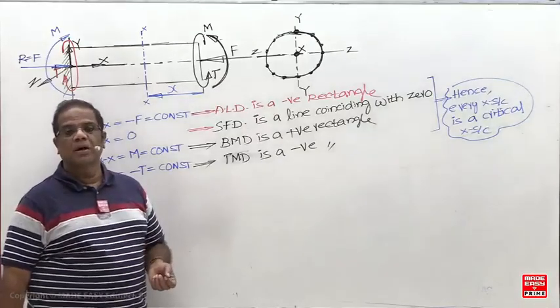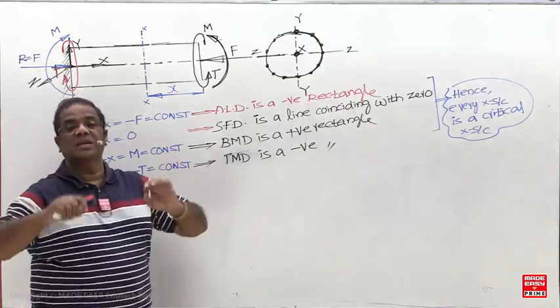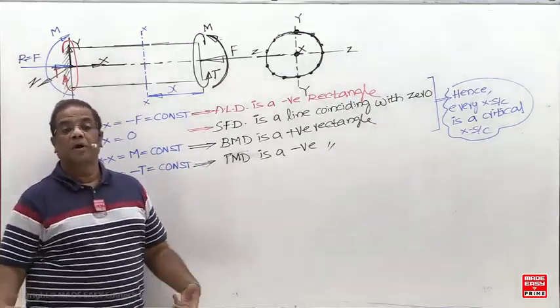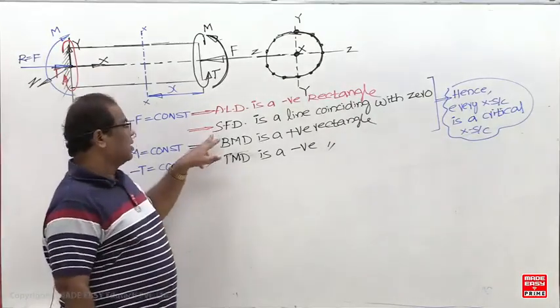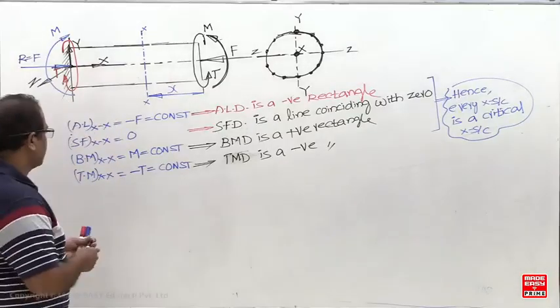So which one is the critical point? At which point the resultant normal stress, that is the resultant of axial and bending, and the resultant shear stress, the resultant of torsional shear and direct shear, is maximum. But which stress is 0 here? Direct shear stress is 0.